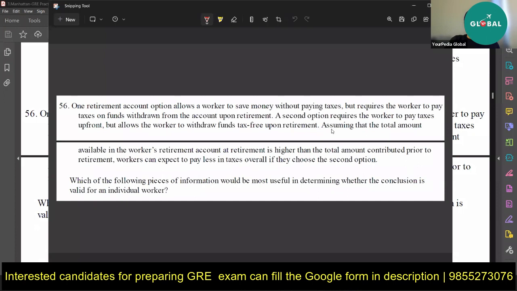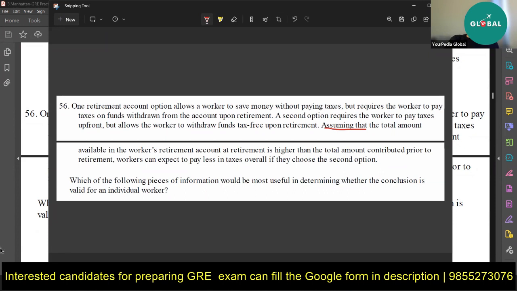Assuming that the total amount available in a worker's retirement account at retirement is higher than the total amount contributed prior to retirement, workers can expect to pay less in taxes overall if they choose the second option.